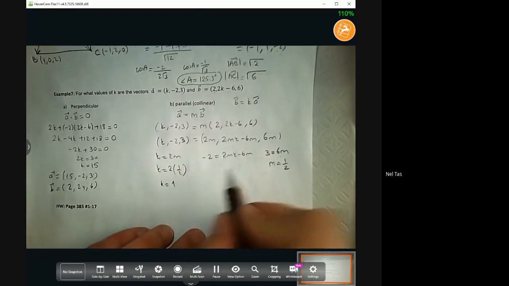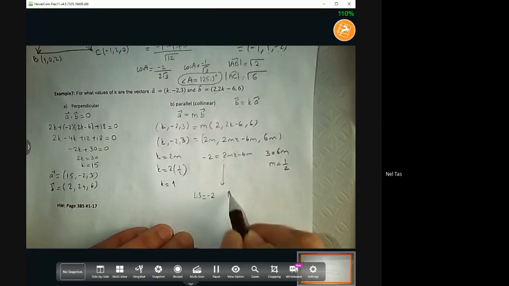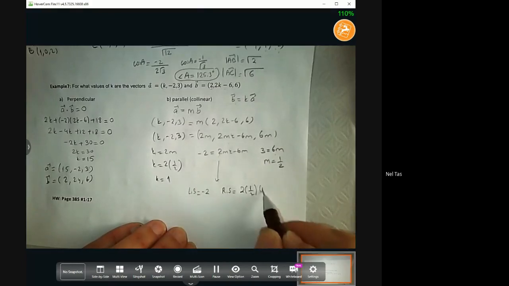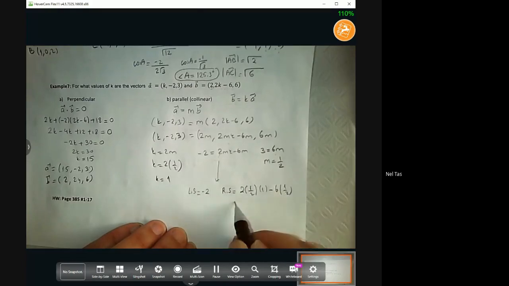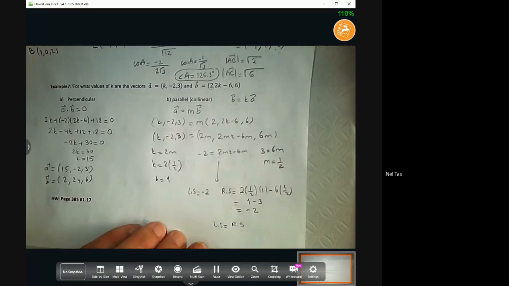So let's see what's going on here. The left side, as you see, is negative 2. Let's look at the right side: 2 times m, which is 1 over 2, times k, which is 1, minus 6 times m, which is 1 over 2. So this gives you 1, and that gives you 3, and 1 minus 3 is negative 2. As you see, the left side equals the right side. Yes, that m value also satisfies this equation.